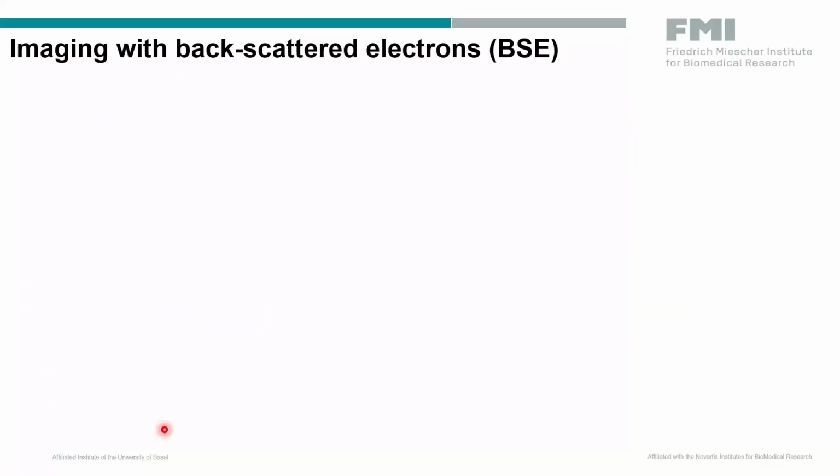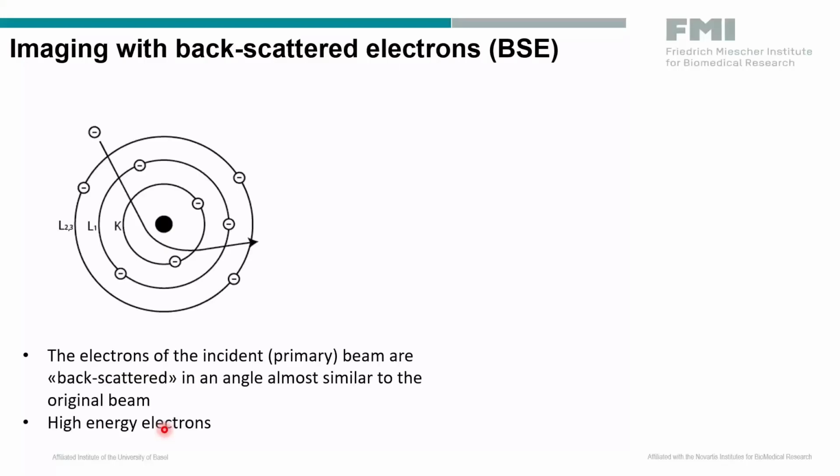Let me talk about the electrons we are collecting for producing the image. In serial block face imaging, we use backscattered electrons. Those electrons are very high energy electrons, and they are almost not deviated from the primary beam.